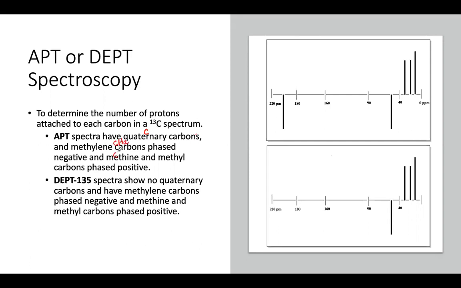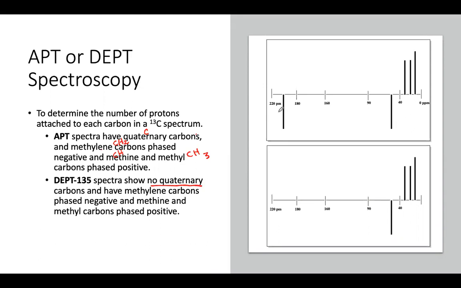A methine is a CH, and a methyl is a CH3. So the odd number of hydrogens phase positive, and the 0 or 2 will point down. The DEPT 135 gives you very similar, but the quaternary do not show up.